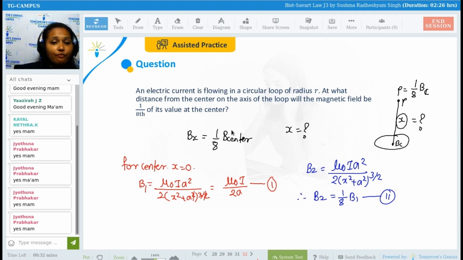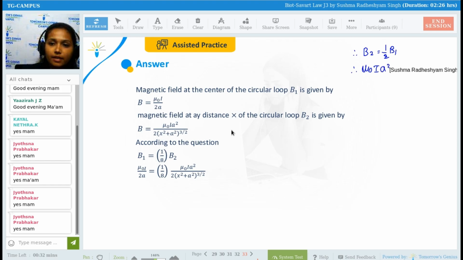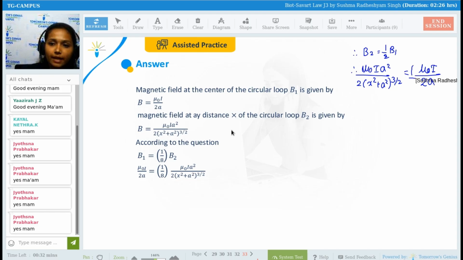Now put your values in the equation. See students, if I take a new page here, B2 is equal to 1/8 times B1. So B2, mu naught I a square over 2 (x square plus a square) power 3 by 2, is equal to mu naught I over 2a, into 1/8.